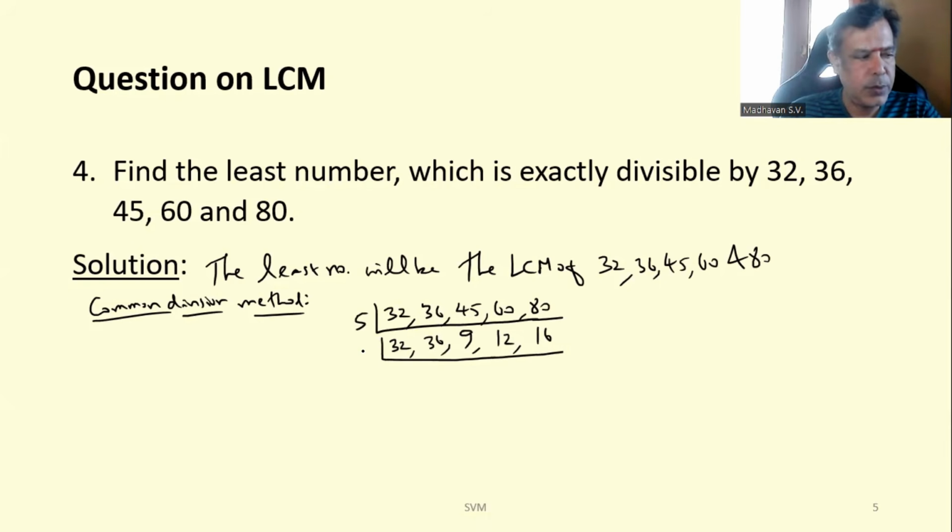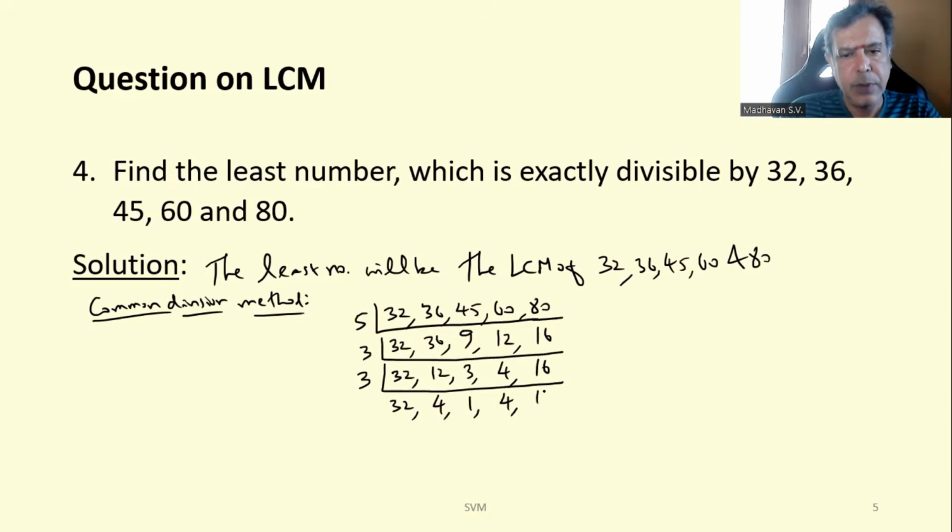Now let us choose 3. 32, 3 12s are 4, 3 3s are 1, 3 4s are... This will be 16. Again, let us choose 3. 32, 4s are... 1s are 4, 16.